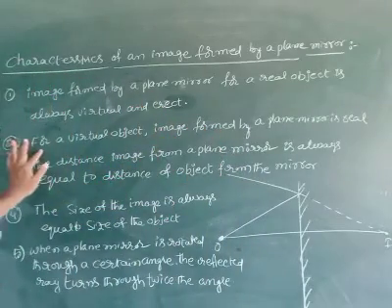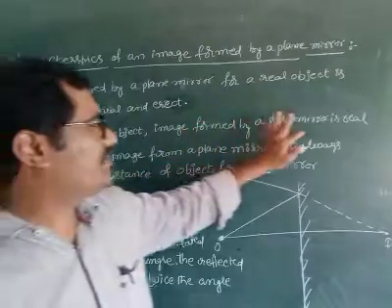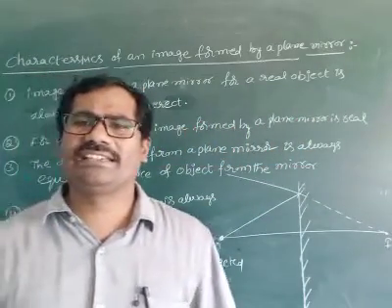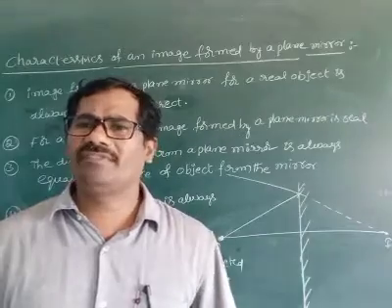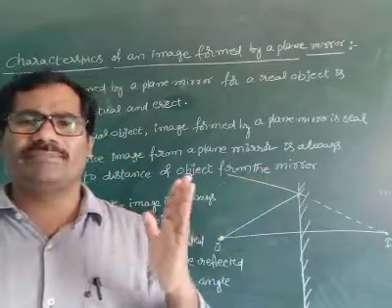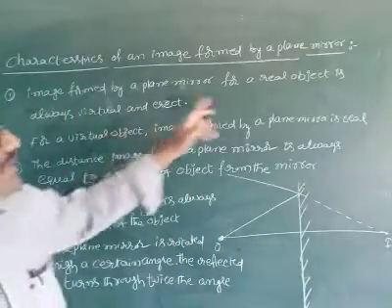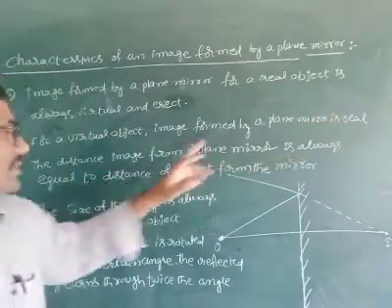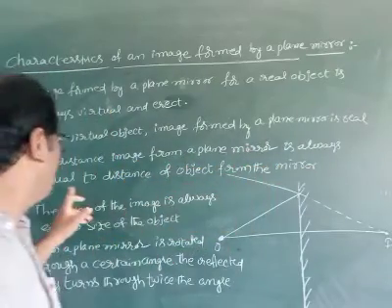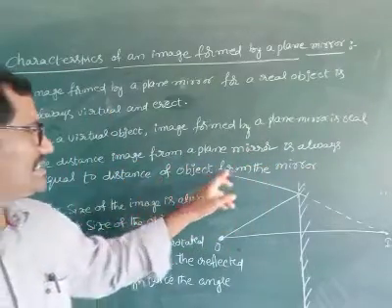For a virtual object, the image formed by a plane mirror is always real. That means in the case of an infinity distance, the image formed is a real image.